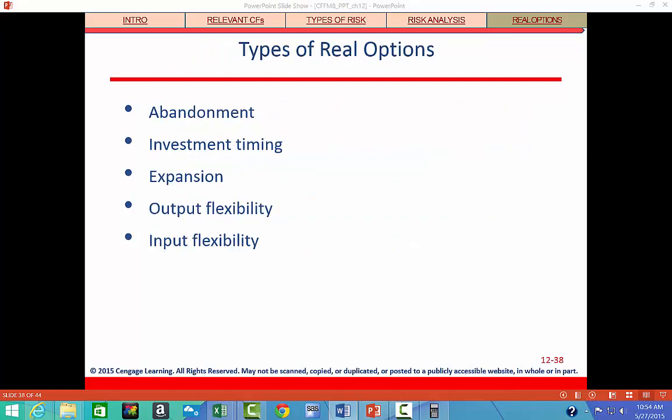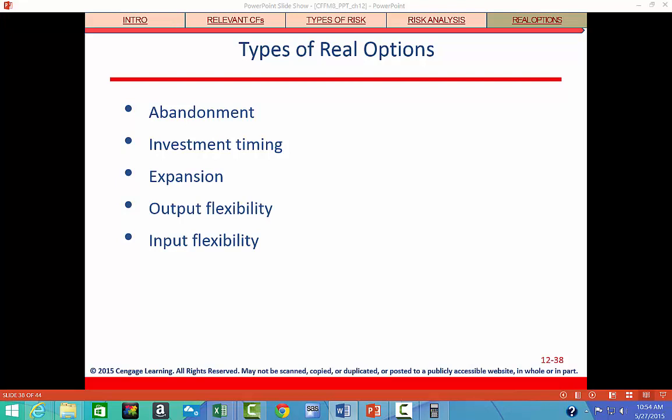Here are some types of projects that have embedded real options. An abandonment option is a project that can be shut down if its cash flows are low. Investment timing is a project that could be delayed until more information about demand and/or costs can be obtained.